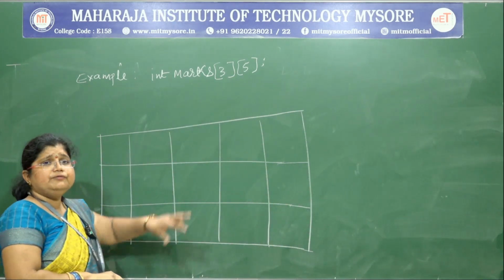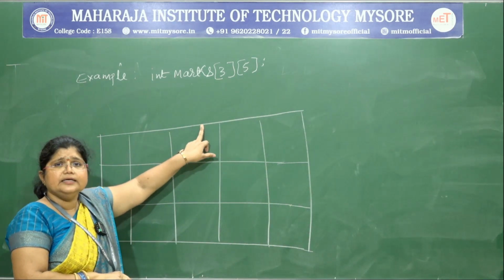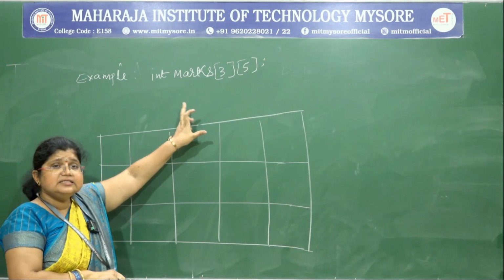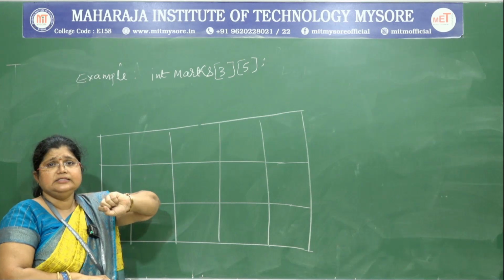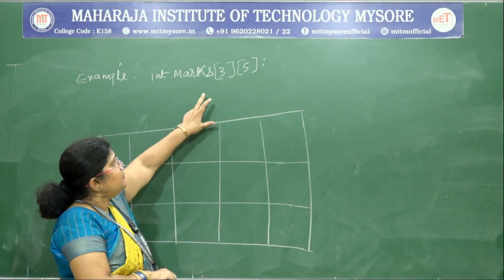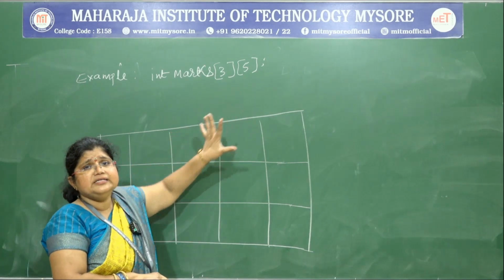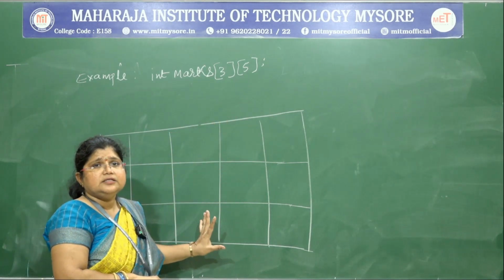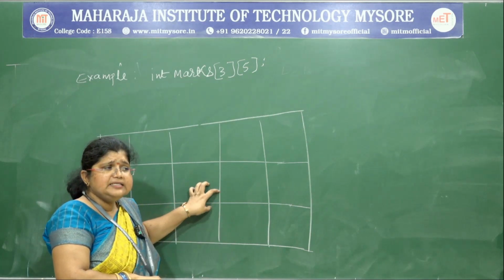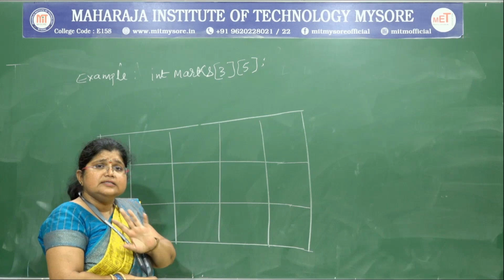And the name of the array is marks. Marks is a group of elements, 3 cross 5 elements, present in this table. Each contains its own subscript, and those elements can be accessed with the subscripts.